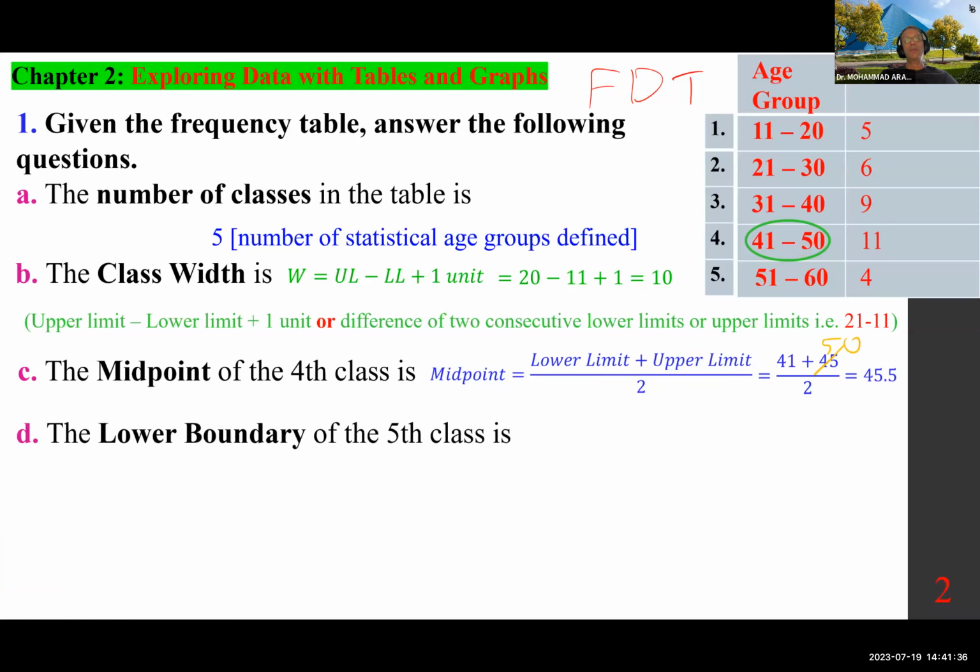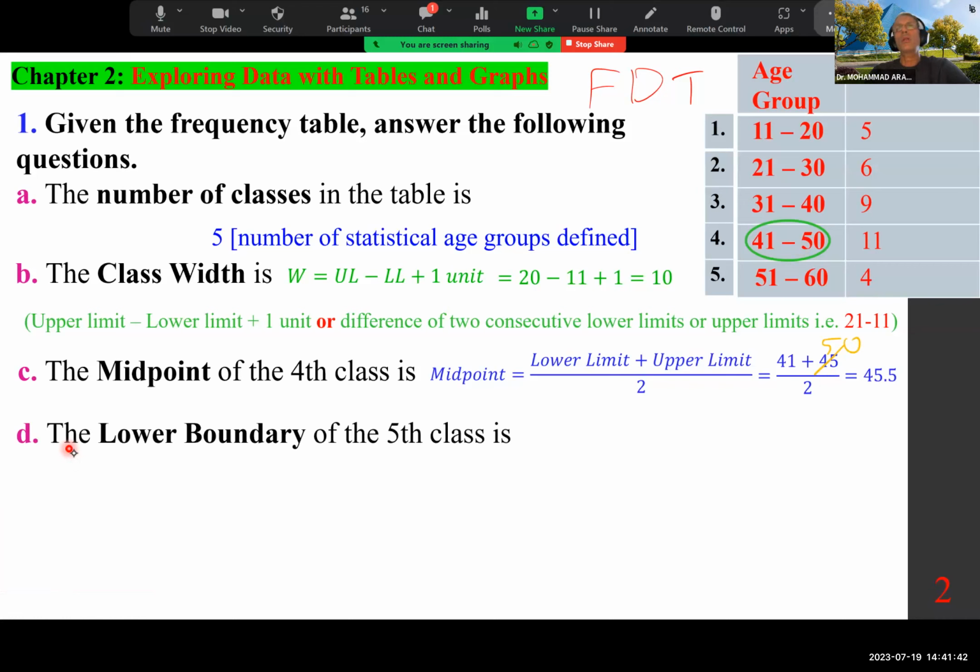The lower boundary of the 5th class. So the way it works, if you want to find the boundaries, this is the process. I want it for the 5th class. So the lower limit of the 5th and the upper limit of the previous one, in this case 4th, you add them up, you divide by 2. 50 plus 51 divided by 2 is 50.5. So the answer is 50.5.